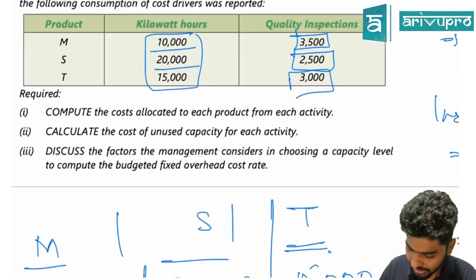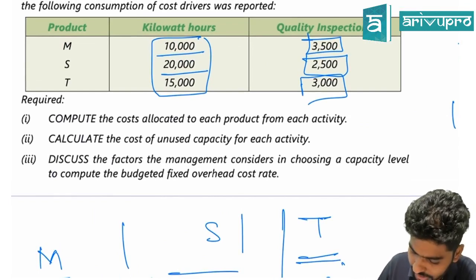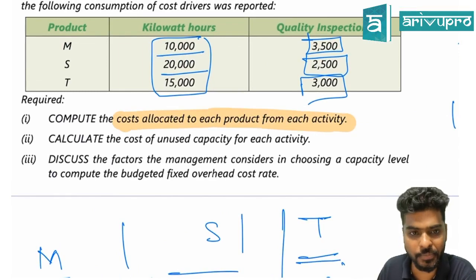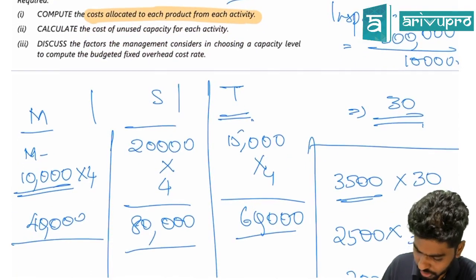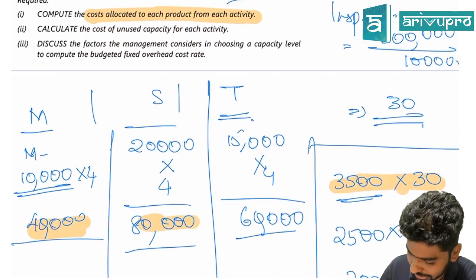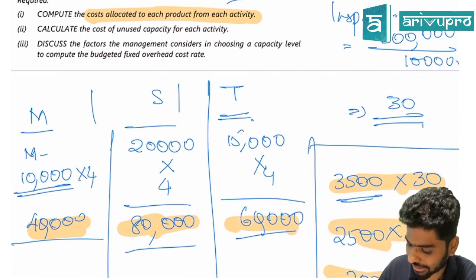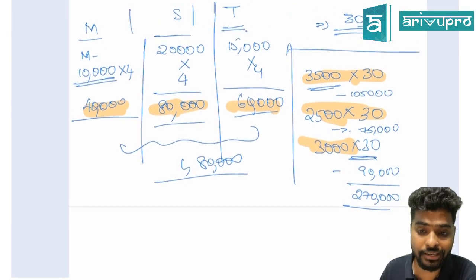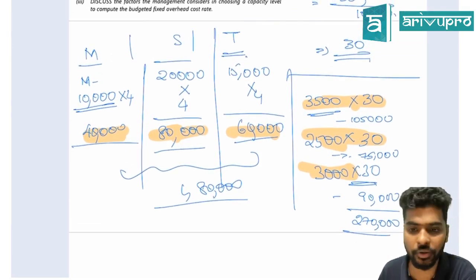Done? So I've answered my first question: compute the cost allocated to each product from each activity. Correct? So I've found out the cost for each of the products at each activity level. 1,80,000 and 2,70,000. Are you guys fine?